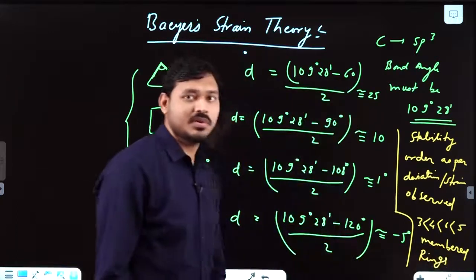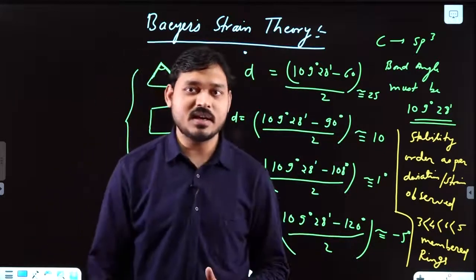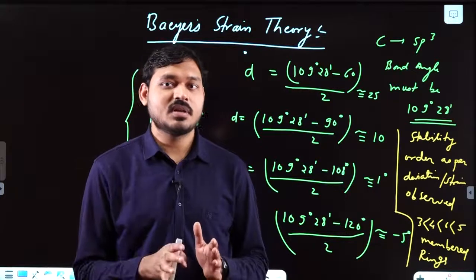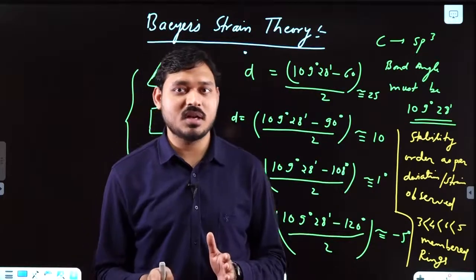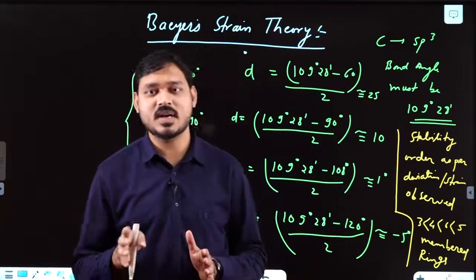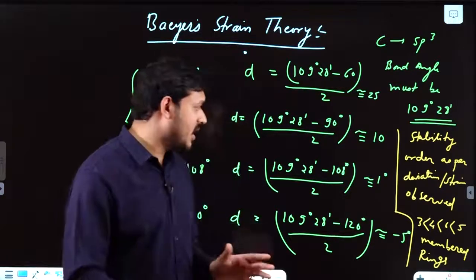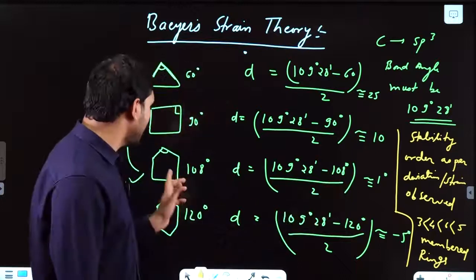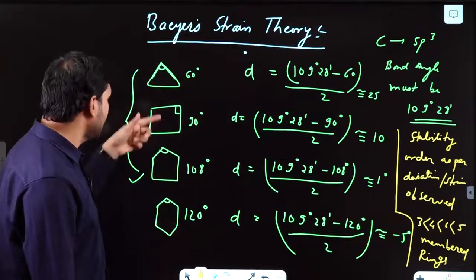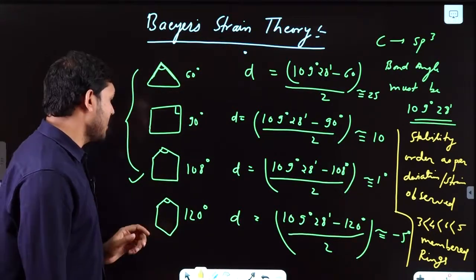Students, you have to understand, if you are asked which ring is most stable among 3-member, 4-member, 5-member and 6-member according to Baeyer strain theory, then you say the 5-membered ring is most stable, then the 6-membered ring, then the 4-member ring, then the 3-member ring.